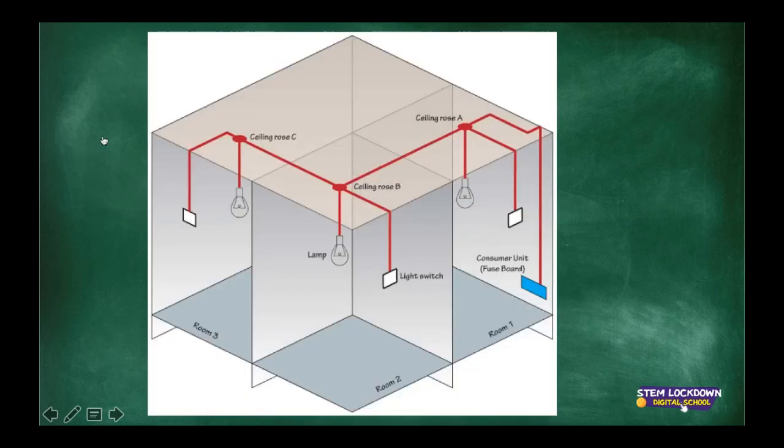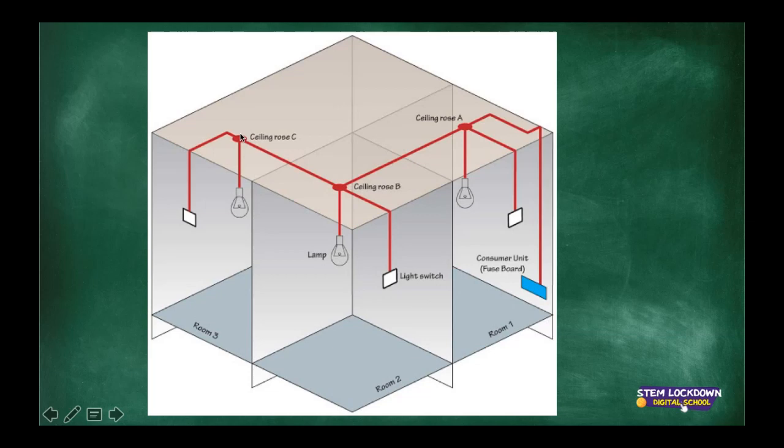So this is basically just something I wanted to show you, just to give you a deeper understanding of circuits and lighting. If you look at this picture, it's basically a house, and we can see the top view and the side view of the house. The red lines show the wiring of the home.